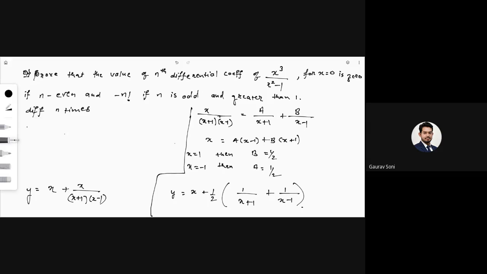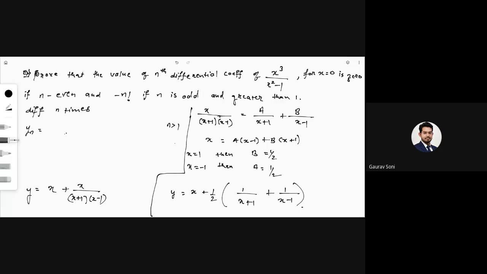So what do we get? yn is equal to, if n is greater than 1, so I will consider the condition n greater than 1. The first derivative of x will be 1 and the second derivative, that term will become 0.